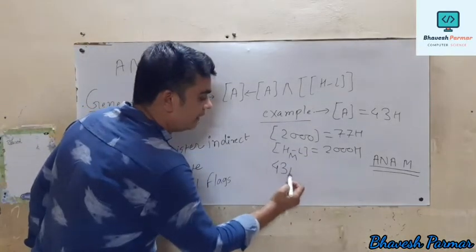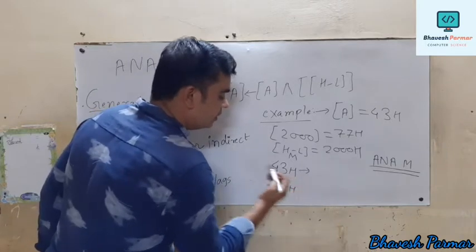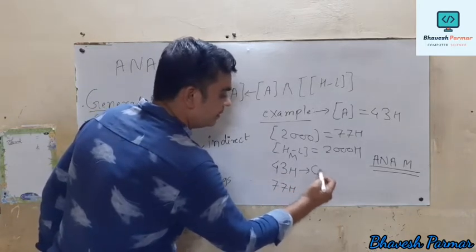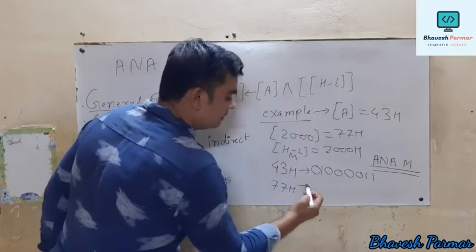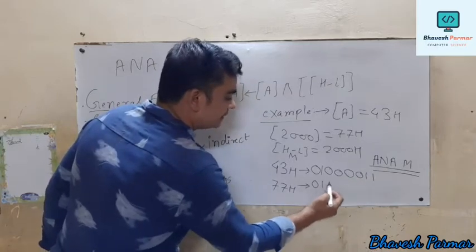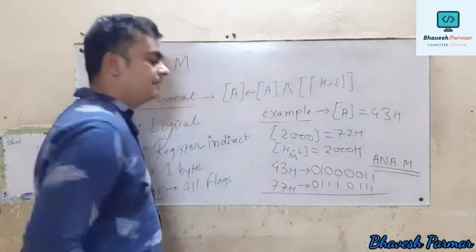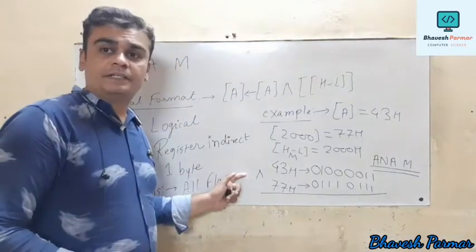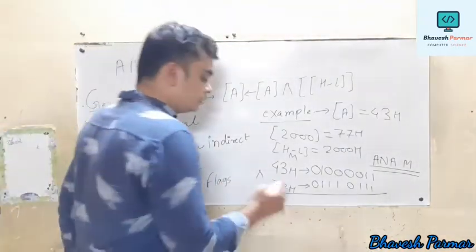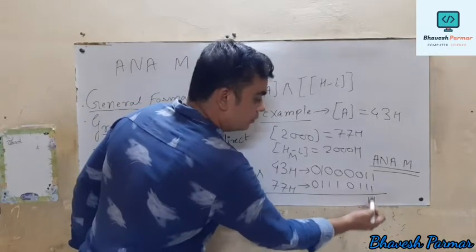So first of all, I have data 43H and the second data is 77H. 43 is represented by 0 1 0 0 0 0 1 1. This is the representation of 43, and 77 will be represented in this form: 0 1 1 1 0 1 1 1. Now I am going to implement the AND operation. We know that for the same input, 1 1, the output is 1.